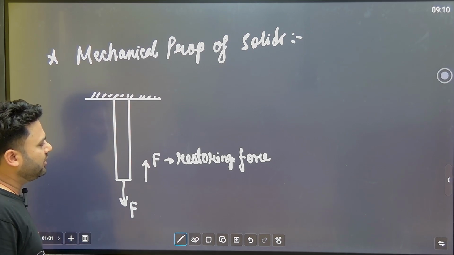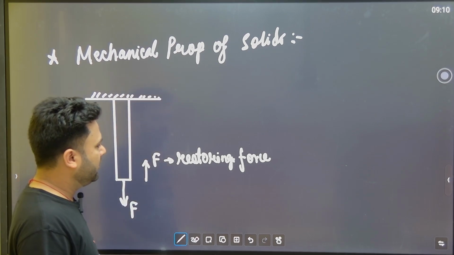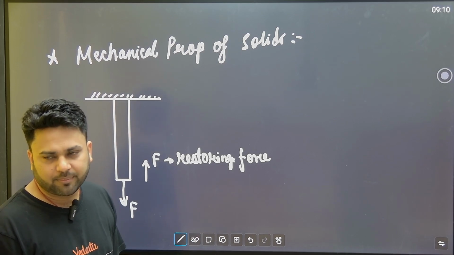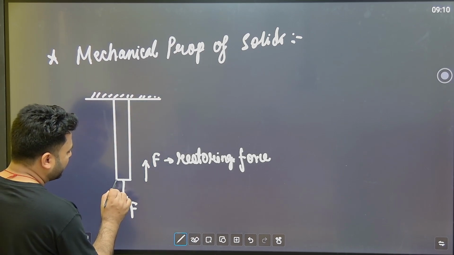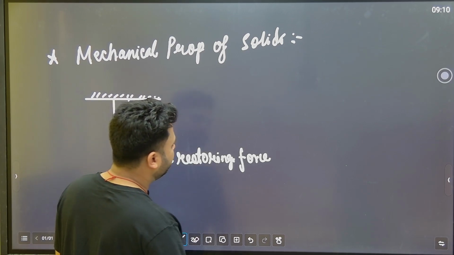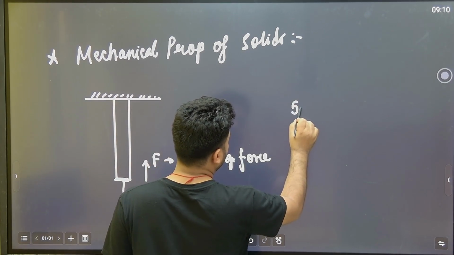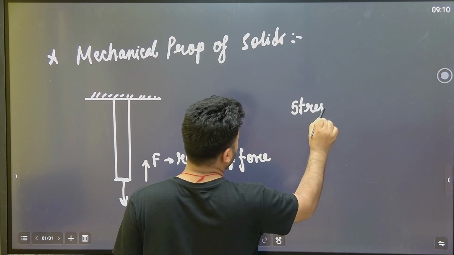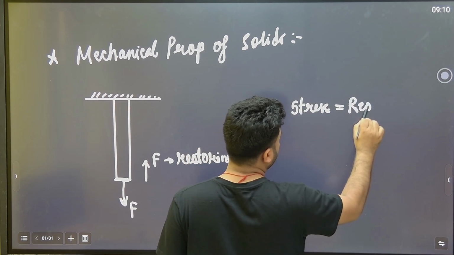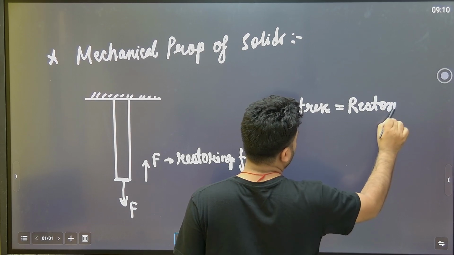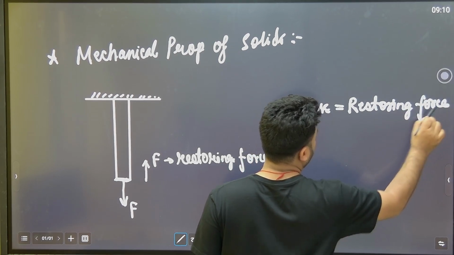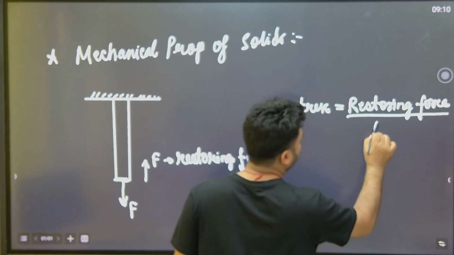Correct. Now let's learn some of the parameters or technical terms related to this chapter. Suppose this is the cross section area of the body. Then we define stress acting on the body as restoring force divided by area of cross section.